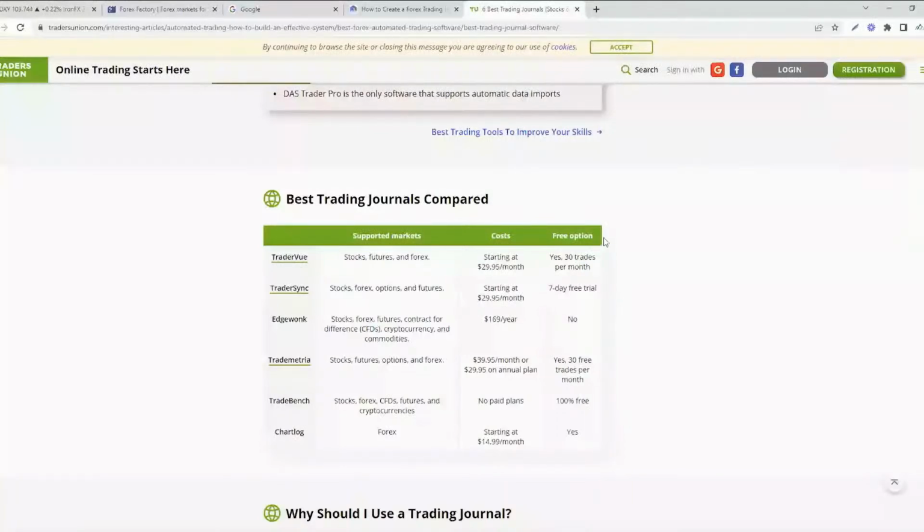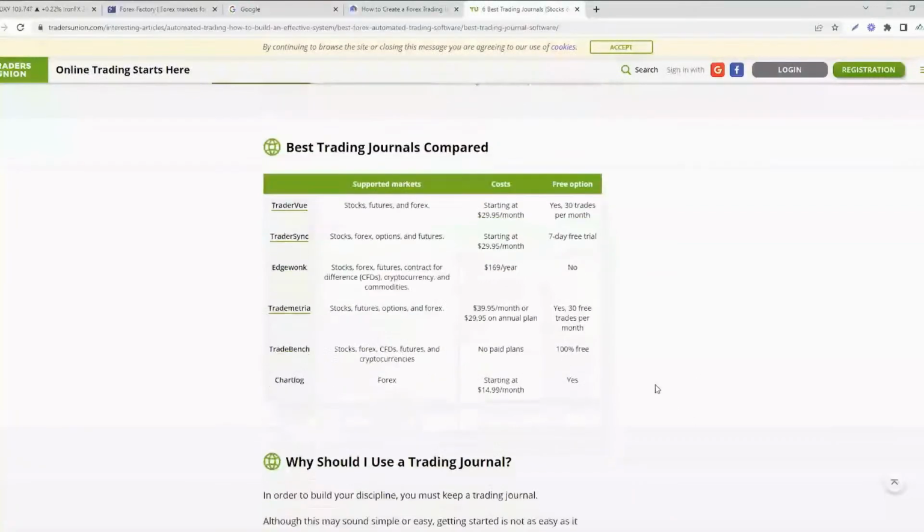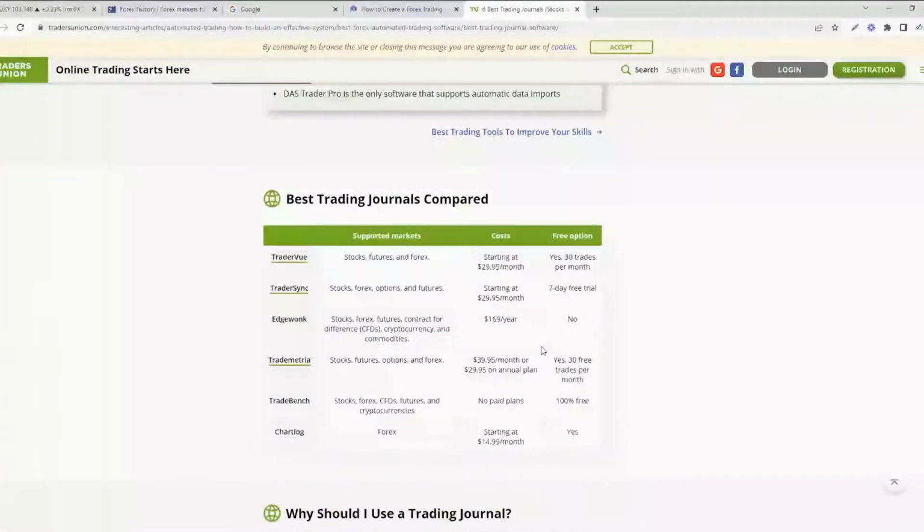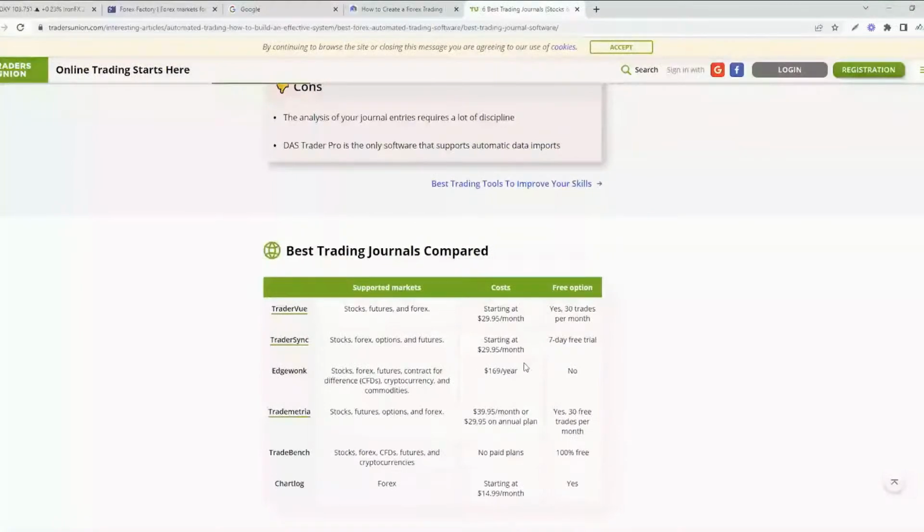If you have less than 30 trades per month, for example if you're using TradeView, then this is pretty much a free trading journal for you to use. And Trade Bench is basically 100% free, and so on. Like I said, I'm not promoting any of these trading journals. It's just something that I Googled and I saw this website that was reviewing certain journals, and I found it pretty useful.